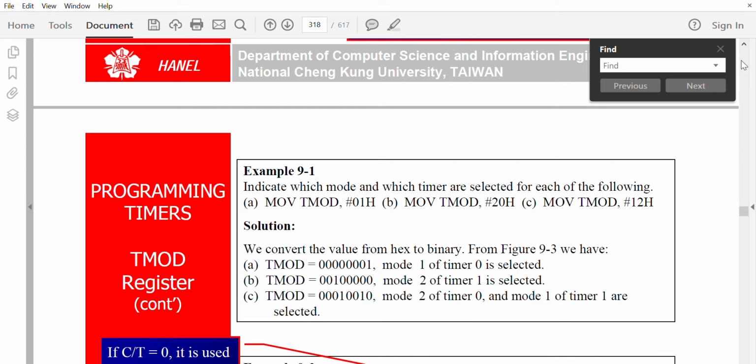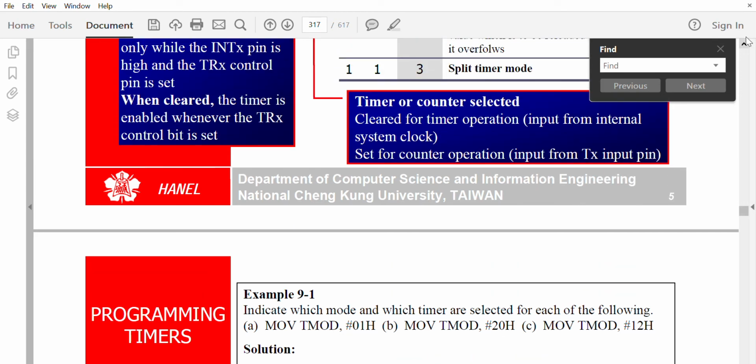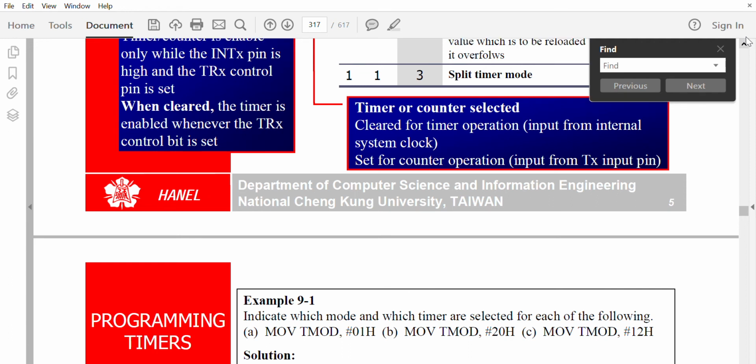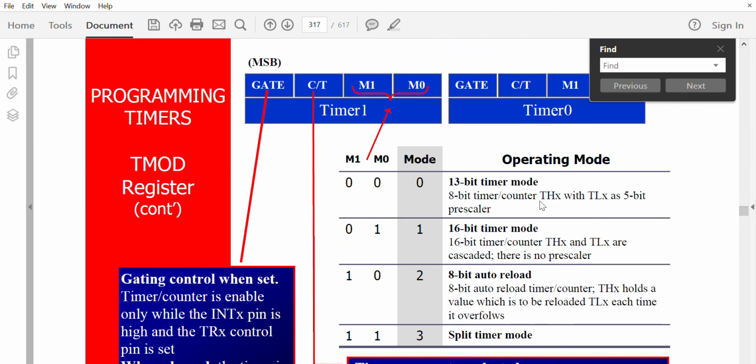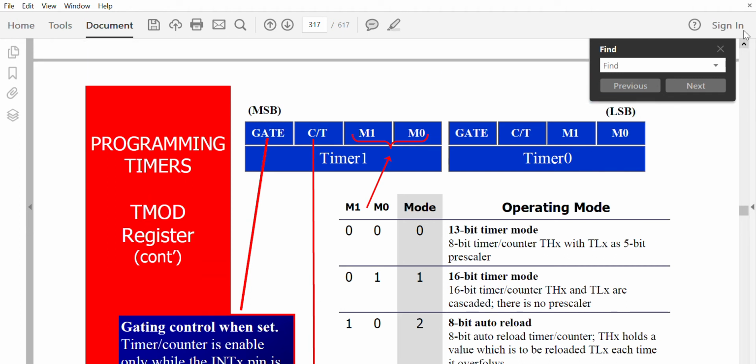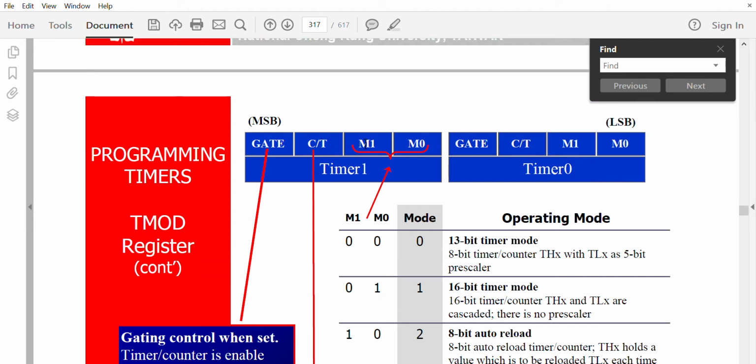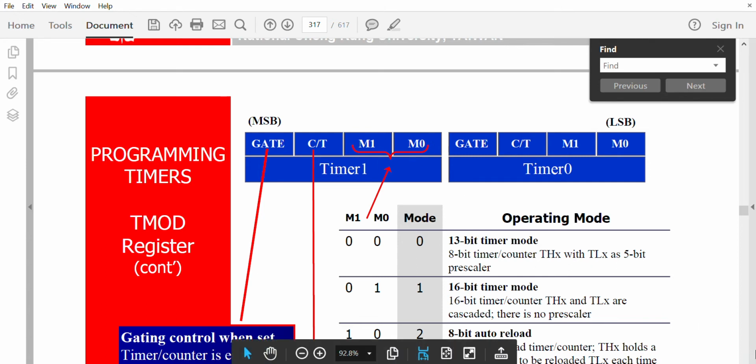Next is 20H. 20H means 0010 0000. So the 10 here means mode 2 of timer 1. All these others are 0, so we won't talk about timer 0. It is timer 1 in mode 2. Next is 12H. 12H means 0001 0010.